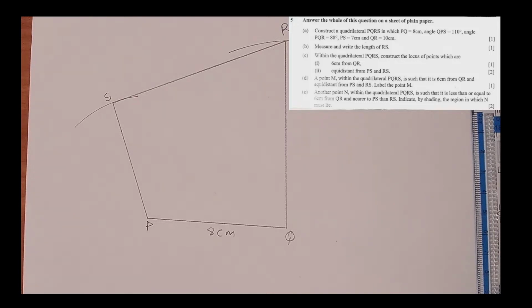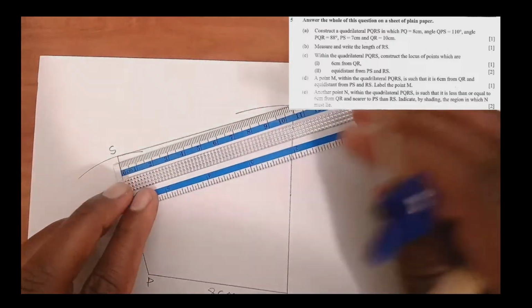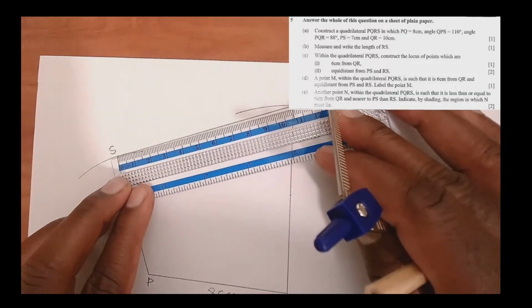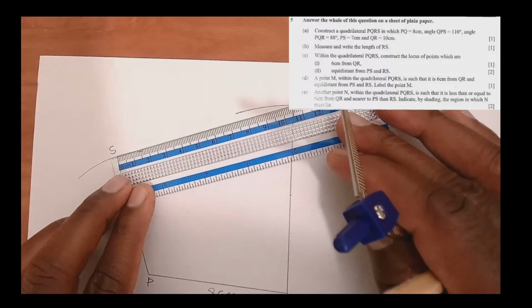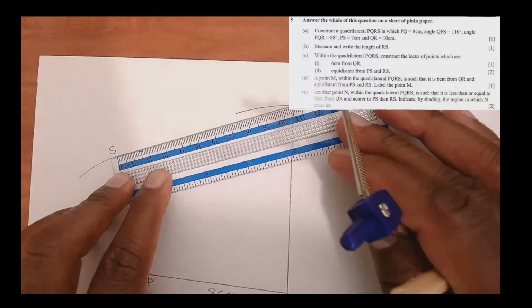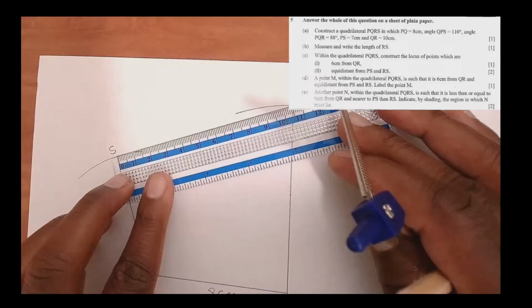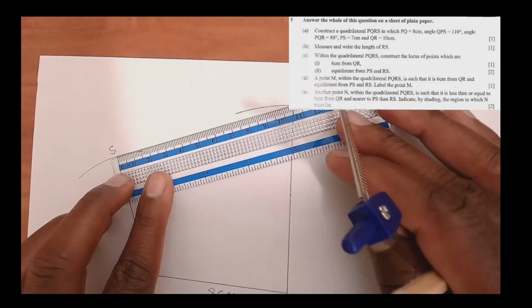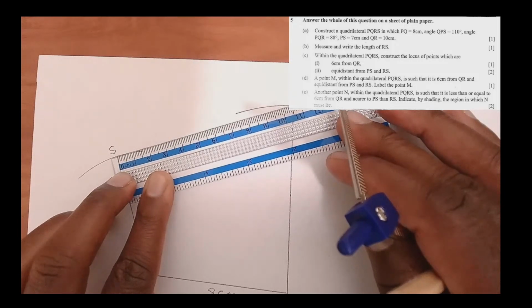All right. So the next question in B says measure and write down RS. So let us go to S, going to R here. So what is this measurement? Let's see, this looks like 10 point, I'm finding 10 point, it can be 10.5, 10.6.